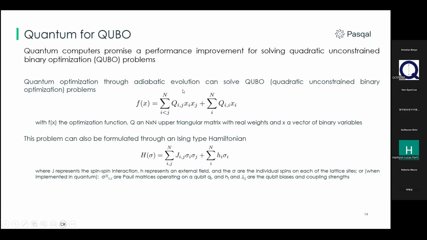So this is the quadratic term of it. It is, again, a binary problem, so that the variables themselves are either zeros or ones. And in a simplest scenario, it is considered to be unconstrained. So there are no extra constraints. There are no extra inequalities or equalities to be verified.